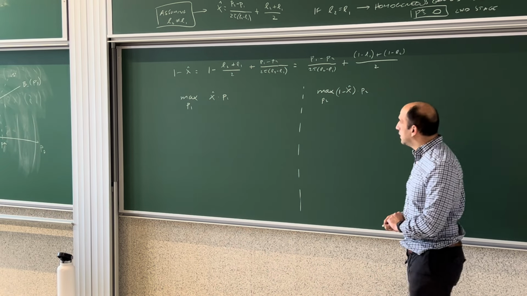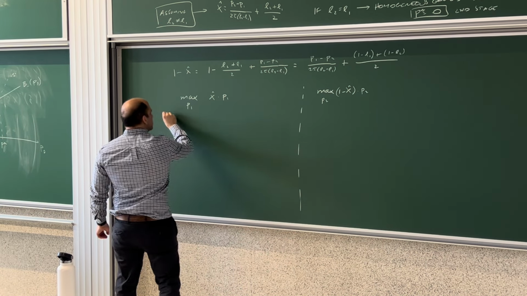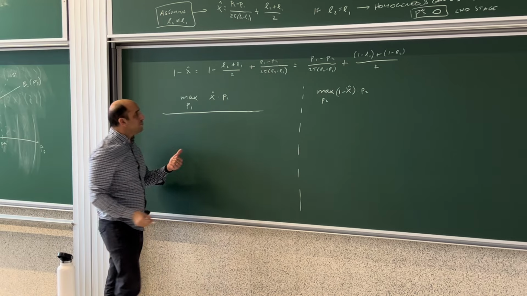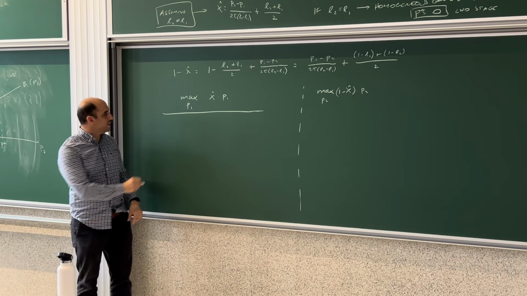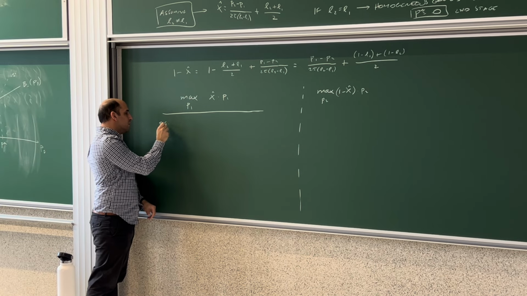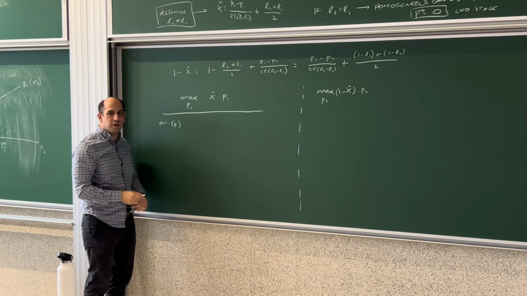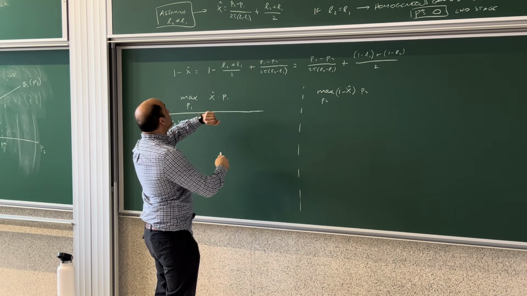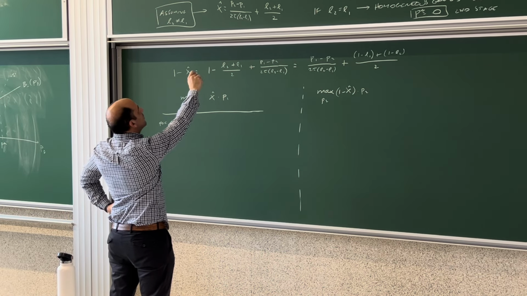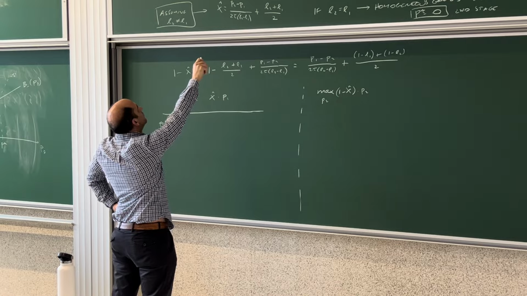Okay? So from 1, let's just take the derivative of this with respect to P1, right? First order condition with respect to P1. And what do you get with this derivative? Well, let's just do it all over again, as if time were not an issue.